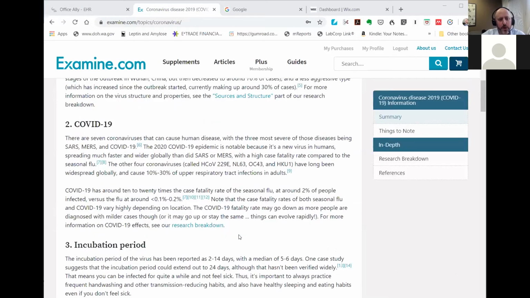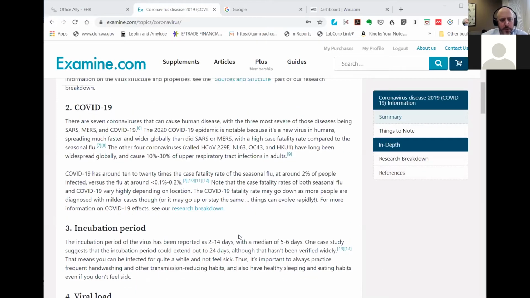So let's go into COVID-19. There are 7 coronaviruses that can cause human disease, and over the past couple of decades we've heard of SARS, MERS, and now COVID-19.